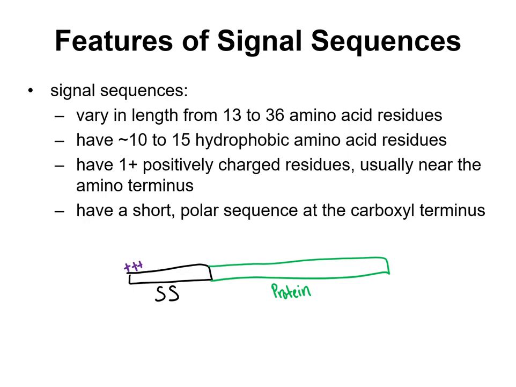And then you'll have some hydrophobic ones. So that H is for hydrophobic, not histidine, hydrophobic. And then you'll have a short polar sequence that's near the actual start of the protein for real, so at the end of the signal sequence. And that's the general architecture of a signal sequence, but this is still pretty loose.